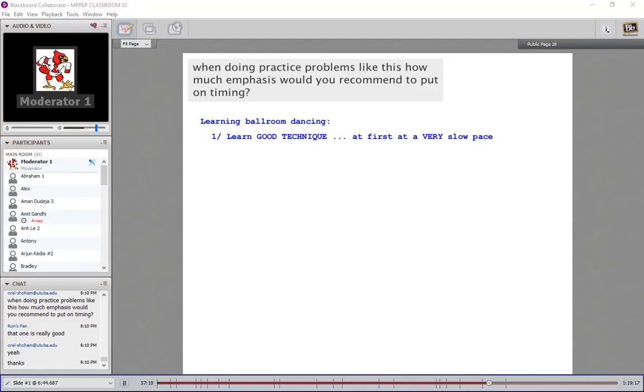It's really slow. And then once you have good technique consistently, that's when you start worrying about efficiency and tempo. So only then do you start trying to speed up the steps.